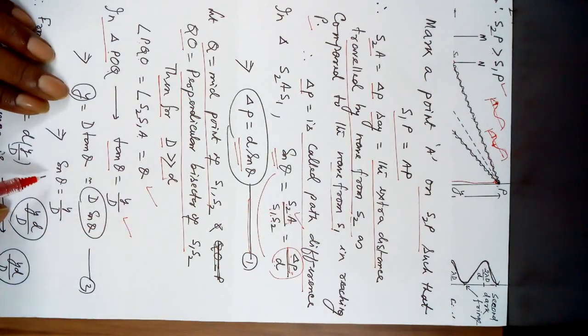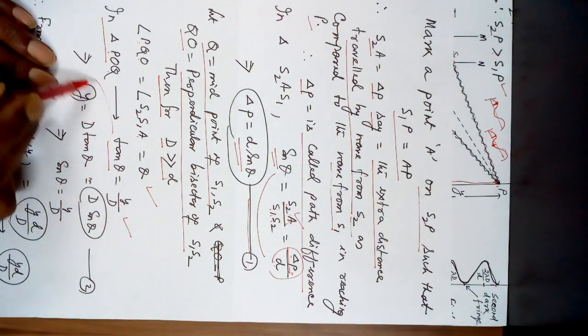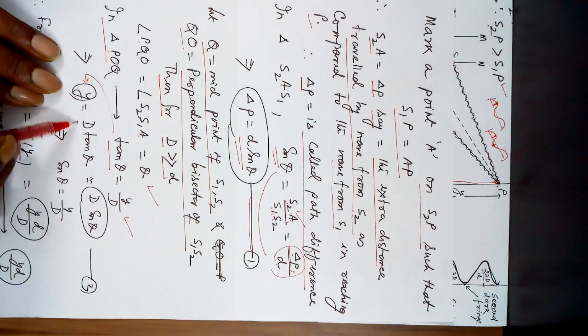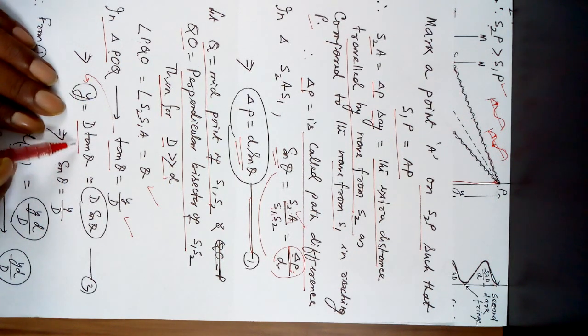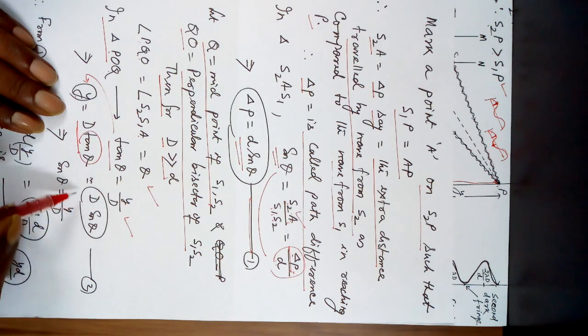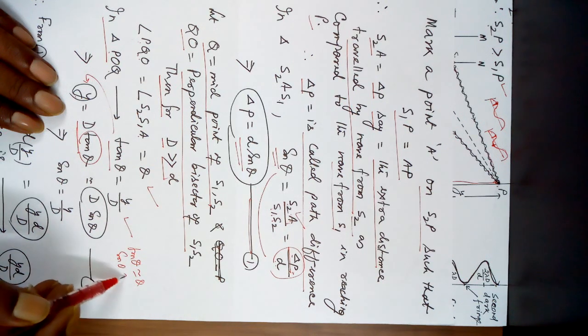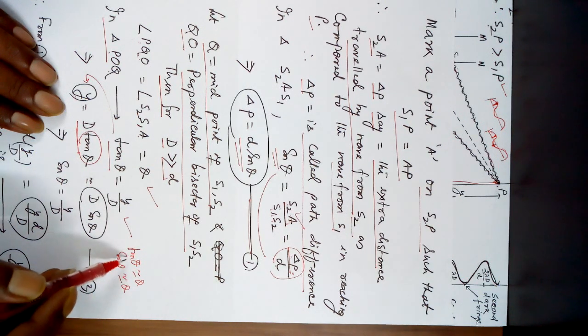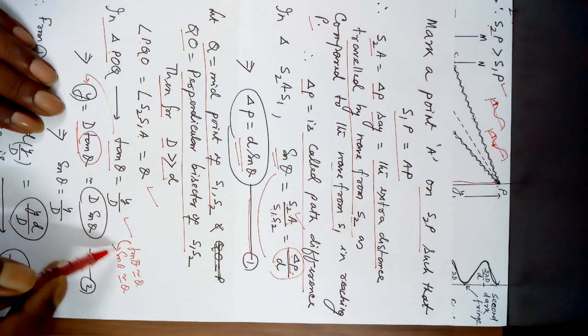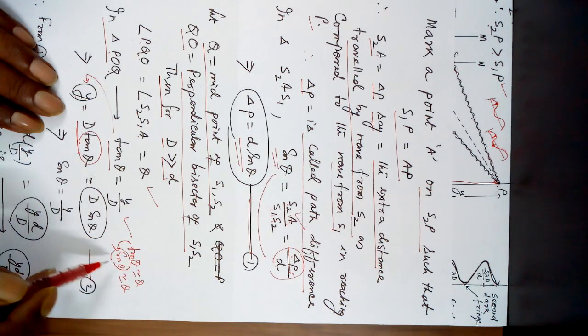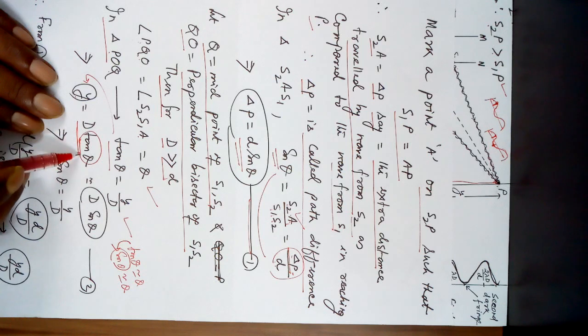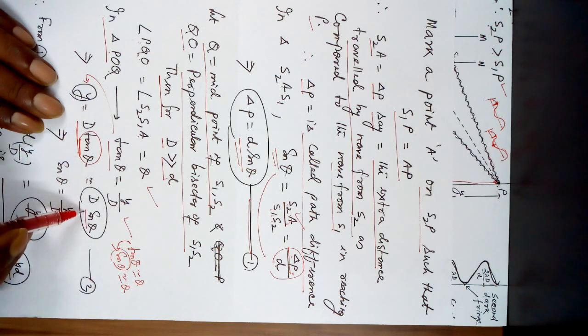So tan theta is y over D. Cross multiplying, you get y is equal to D tan theta. And since for small angles tan theta is nearly theta and sin theta is nearly theta, for tan theta I can substitute sin theta because the thetas are small.